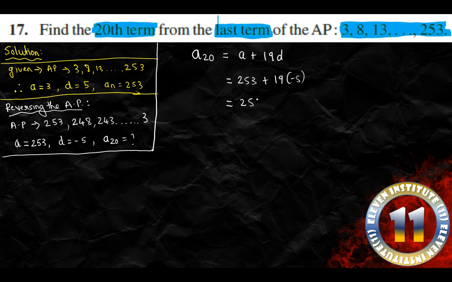So 253 will remain as it is, plus minus we get minus over here. Now 19 5s are 95. Simple. If you don't know the table, take this as 20. 25s are 100 and then subtract this 5. So we get 95 over here, right? Now don't do this calculation in rough work over here.